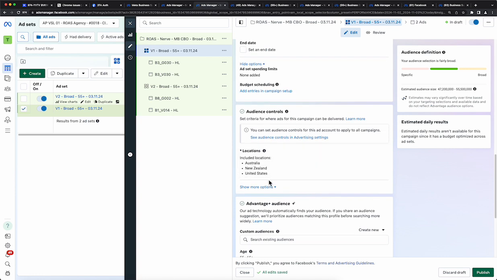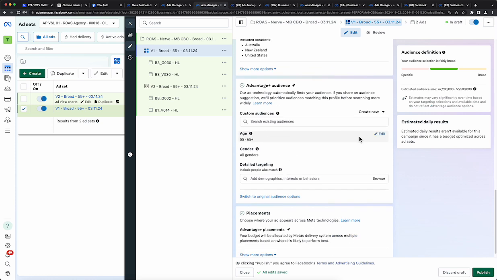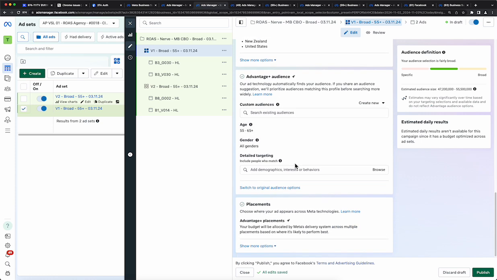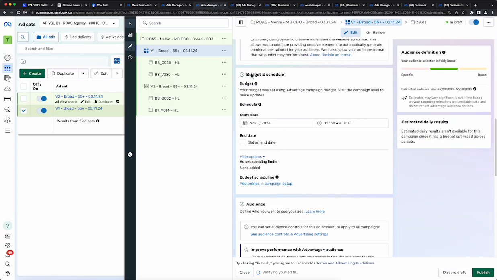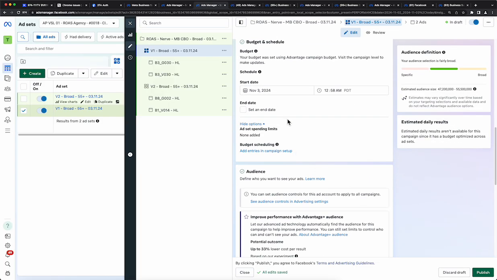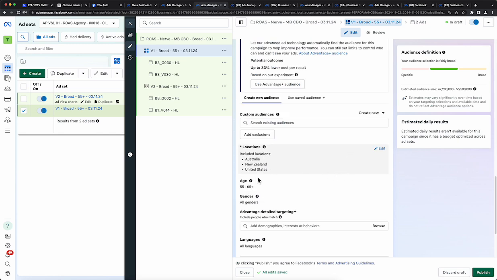So I'm targeting my 3 countries that I know work for Nerve. And 55 plus, because what we actually need to do here is switch to original audience. This is one thing I don't like about the Advantage Plus stuff. For this, I don't want to target 20-year-olds. I want to target the older demographic.